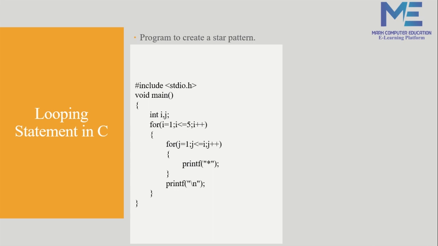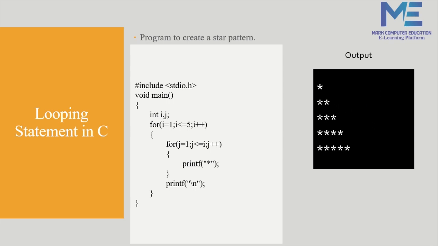Here i means the value of i at runtime. I am not showing you how the loop executes here, but I will show you how my nested for loop executes in my next video. So what will be the output of this program? The output of this program is a star pattern.